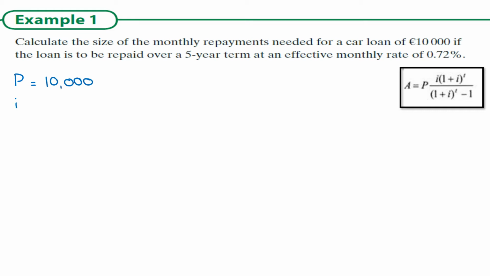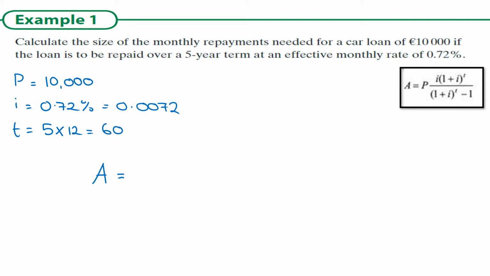Then we need I, the monthly interest rate of 0.72%, but remember we need that in decimal, so it's 0.0072. T is a 5-year term, but we're paying monthly, so it's going to be 60 payments. These are not annual payments.